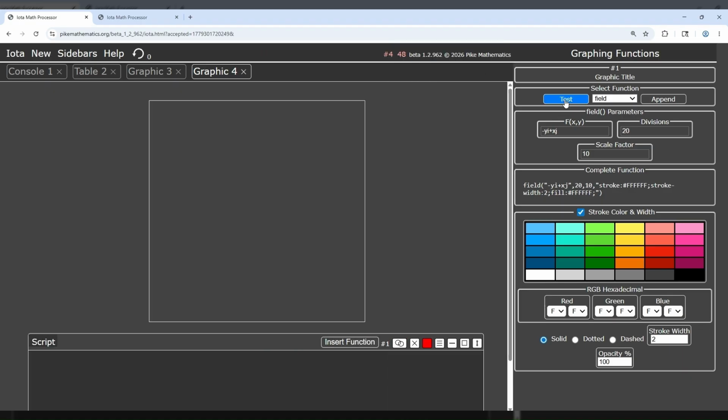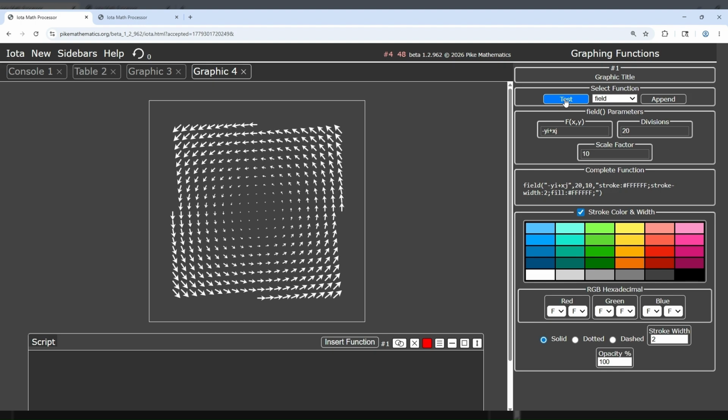Got that selected, and we'll test it again. There you go. So there's a vector field right there, negative yi plus xj. And these depictions are hugely useful when you start working in vector fields. And that'll come up in a future video.